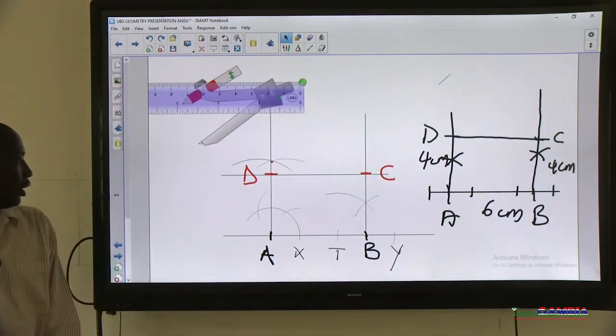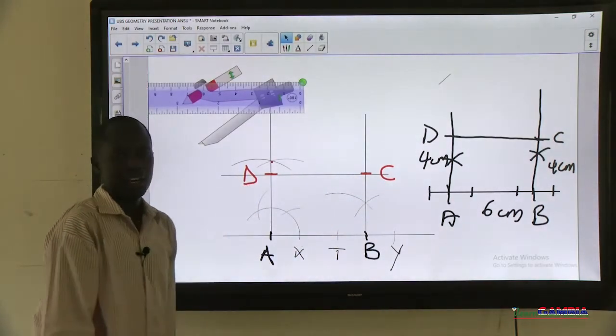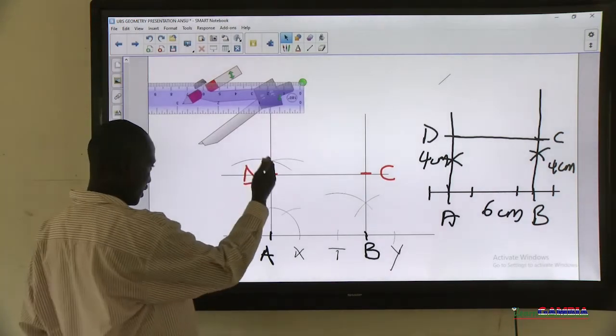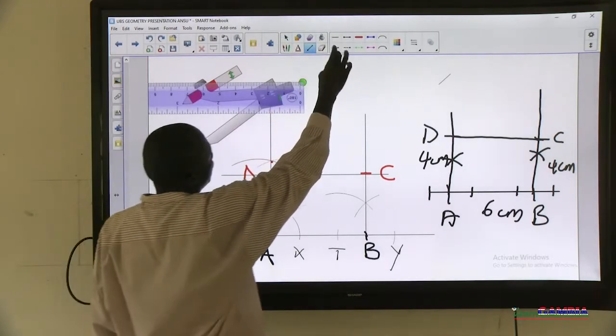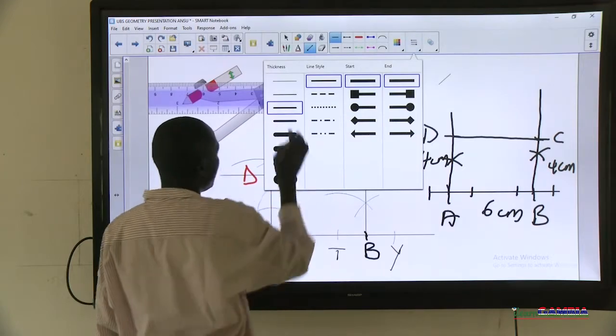You can now see we've got A, B, C, D as the required rectangle. Then get the outline of the required rectangle, making those lines a bit thicker than the construction lines.